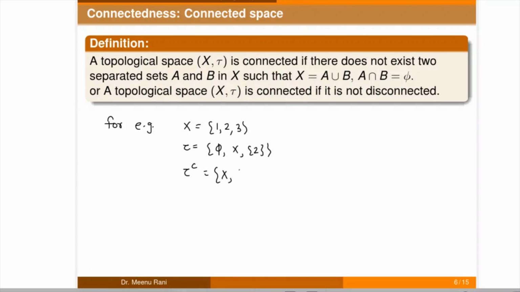So phi complement is X, X complement is phi, and 2 complement is 1, 3. So here we can see that there does not exist any pair of two disjoint open sets and closed sets for which X can be written as their union. So X is not disconnected, it means X is a connected space.